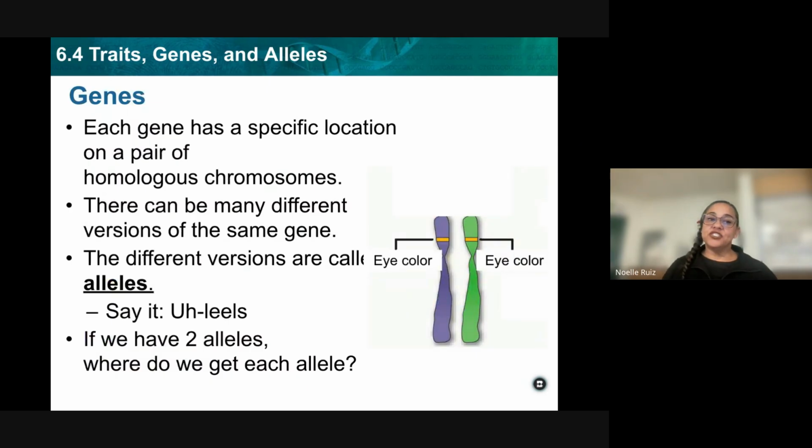So genes, each gene has a specific location on a pair of homologous chromosomes. There can be many different versions of the same gene, and those different versions are called alleles. That's how you say that word, allele.